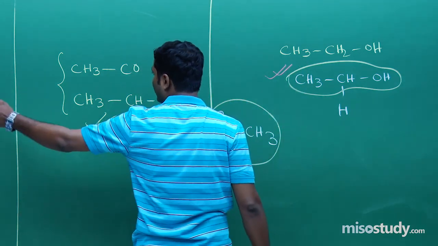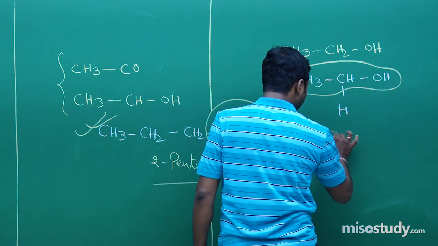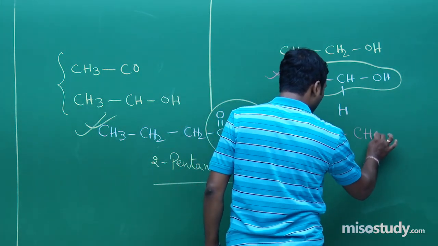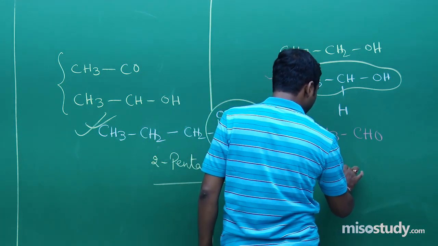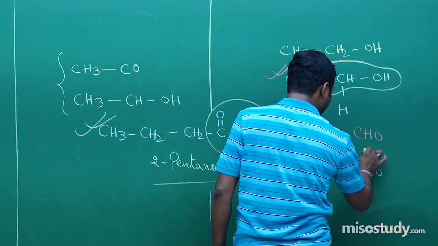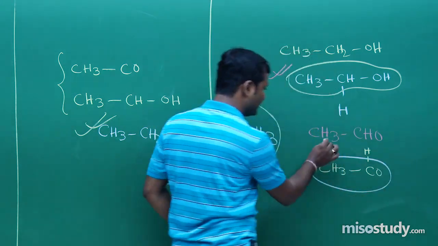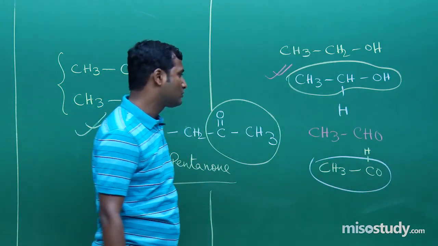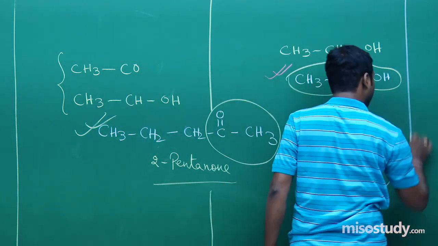Now the third option is CH3CHO. Clear? Now check it out. It can be written like this, CH3COH. Clear to you? Look at, it also contains the CH3CO linkage, so it will also give a positive iodoform test. Now moving here, check it out.